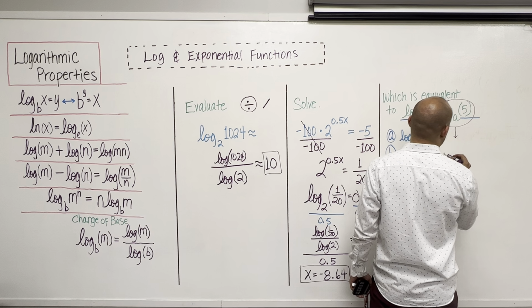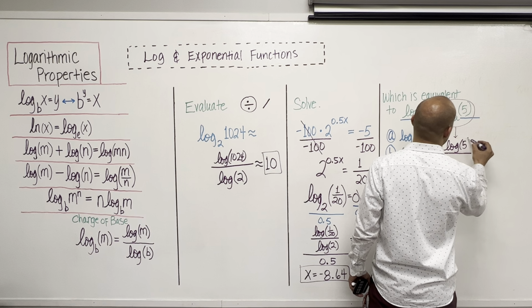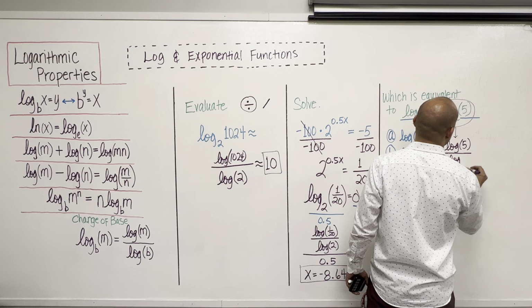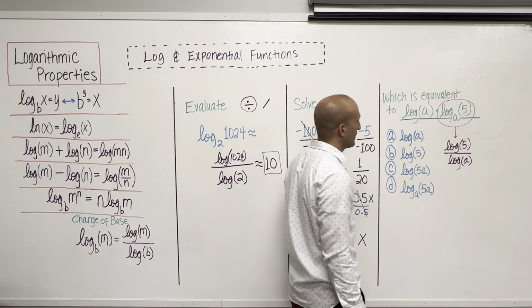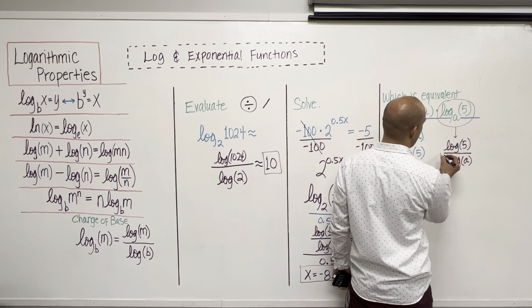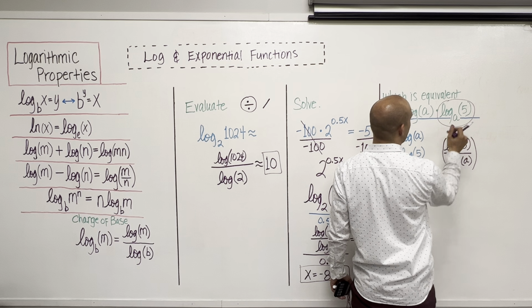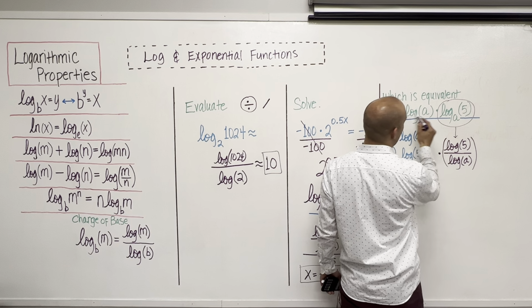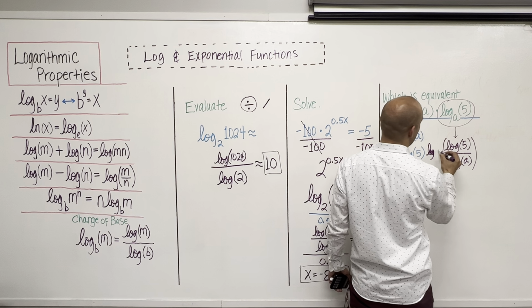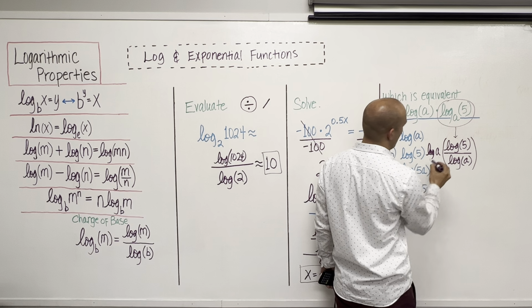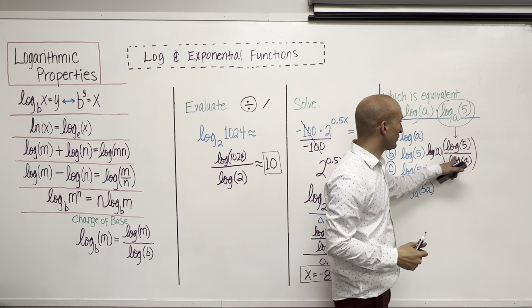I'm gonna rewrite this and say log 5 divided by log A. Then of course all of this is equal to that, and it's being multiplied by the log of A. So the log of A is being multiplied to all of this.